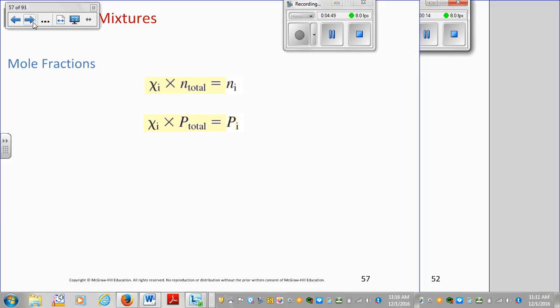So the mole fraction times the total number of moles, just rearranging the equation, gives you the number of moles of that component. Similarly, if you have the pressure of the mixture, you multiply it by the mole fraction of that component, you get the partial pressure of that component.